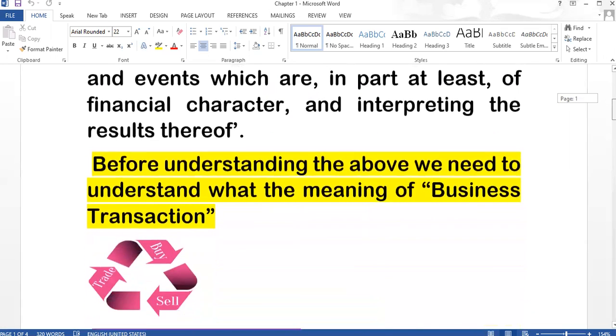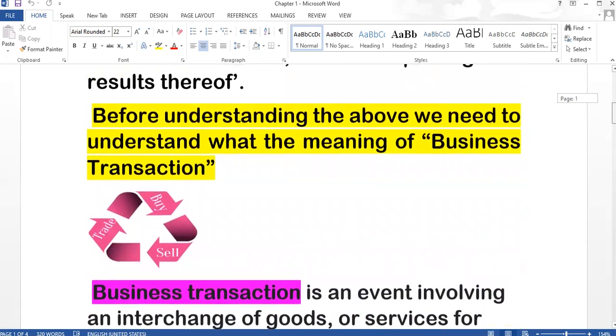But before understanding the full meaning, we should be able to understand what we mean by business transactions. In our daily life, we tend to buy and sell some goods or services for exchange of money.